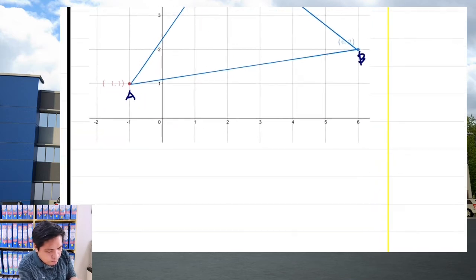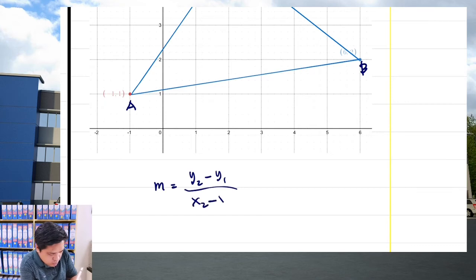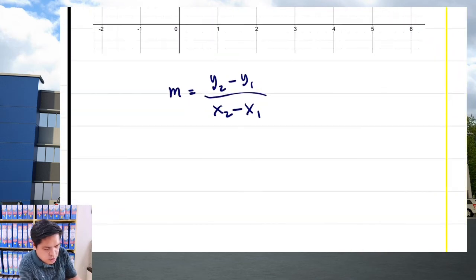Now we do that, apply na lang natin yung equation ng slope, di ba? So we have slope is equal to y2 minus y1 over x2 minus x1, and the slope is constant to all points.